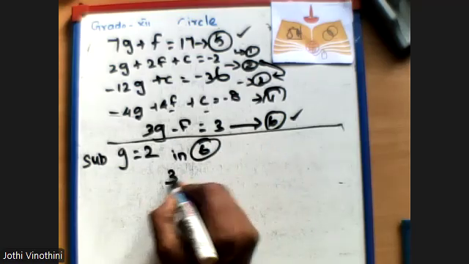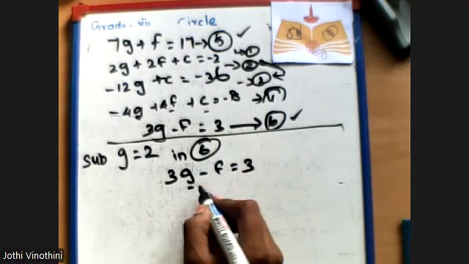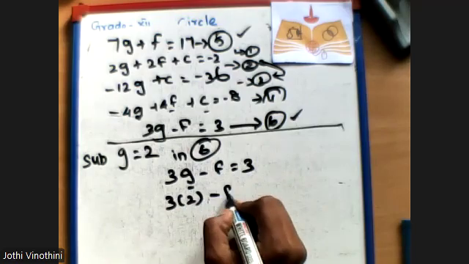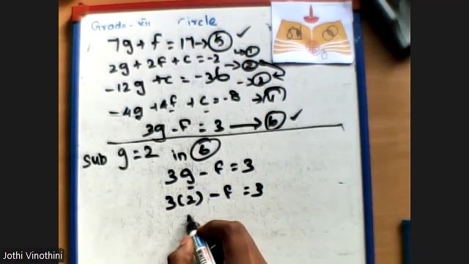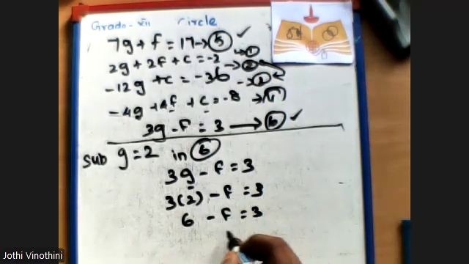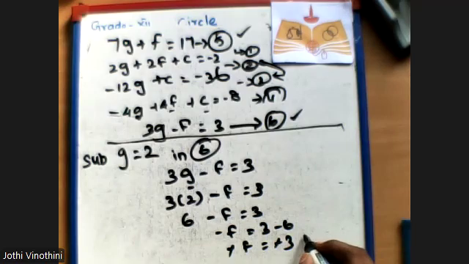So 3g minus f equals 3. In place of g, we put 2. So 3 multiplied by 2 minus f equals 3. So it is 6 minus f equals 3. Minus f equals 3 minus 6, which will be minus 3. Minus minus gets cancelled. Therefore, f equals 3.